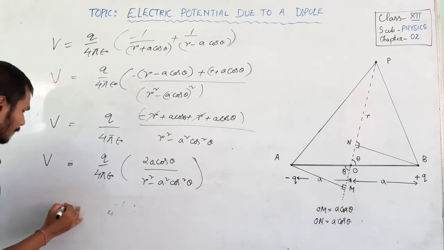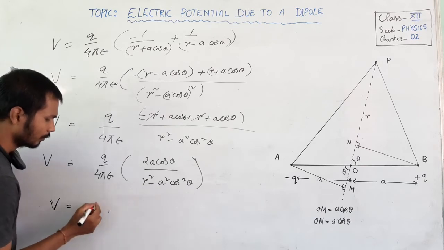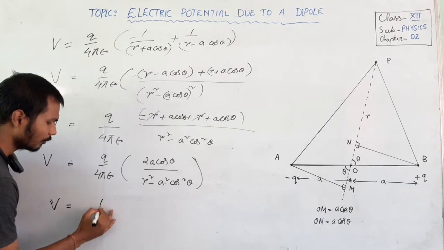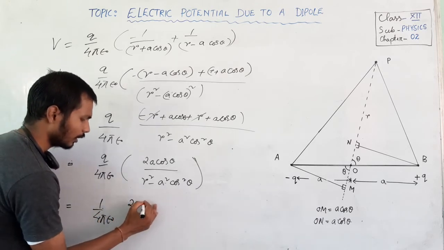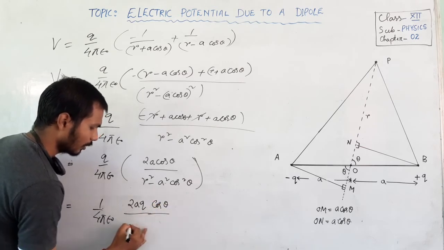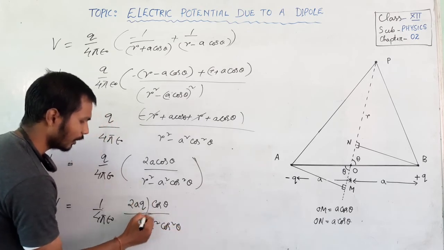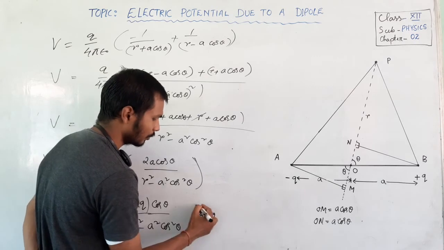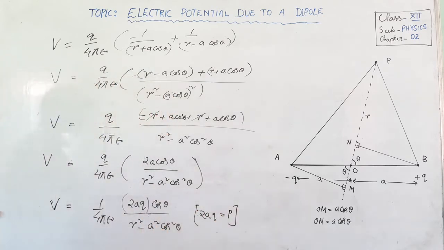So now V is equal to, we are just rearranging, okay? So we can write 1 by 4 pi epsilon naught twice A Q cos theta by R square minus A square cos square theta. What is the value of twice AQ? Twice AQ is equal to the dipole moment of the dipole, okay?